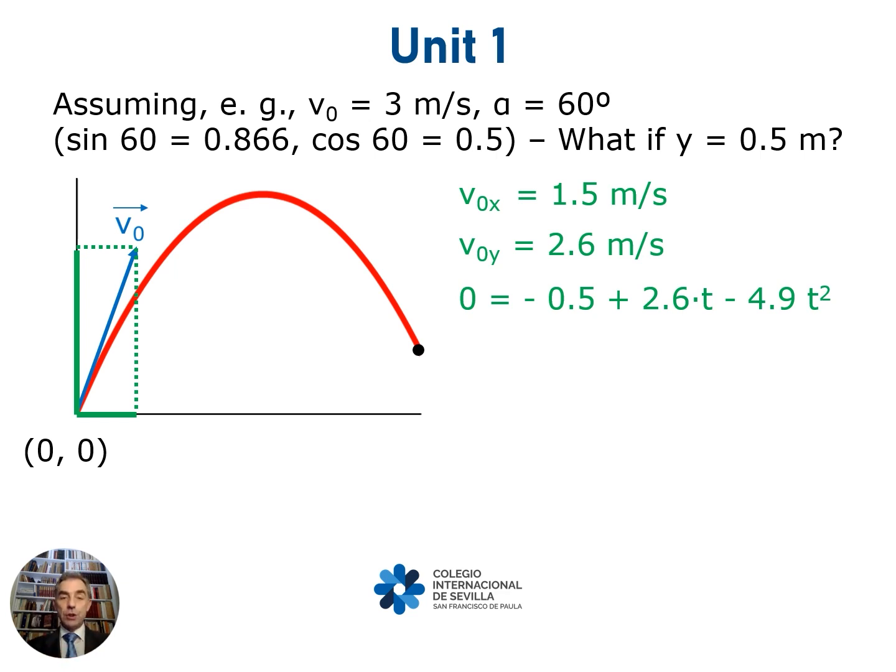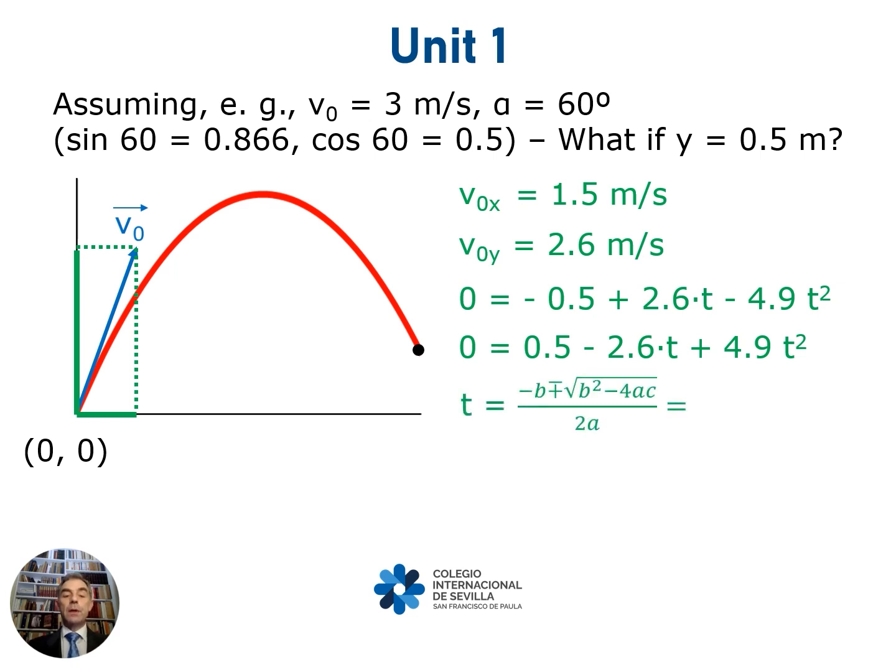Now we change the sign of the entire equation and we have 0 equals 0.5 minus 2.6 times time plus 4.9 times time squared. The solution again comes from the expression time equals minus b minus plus the square root of b squared minus 4 times a, the coefficient of t squared, times c, the independent term, all that divided by twice a, the coefficient of time squared.